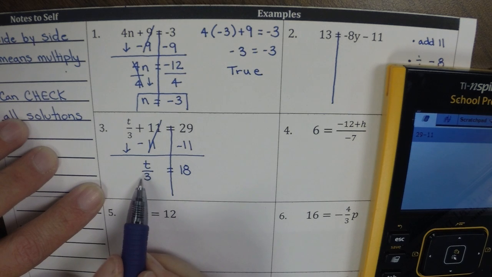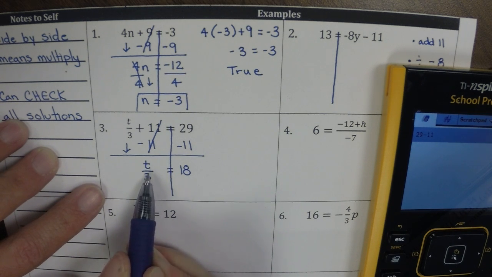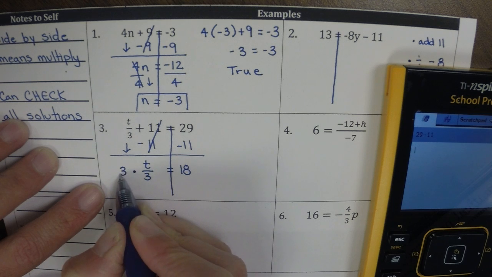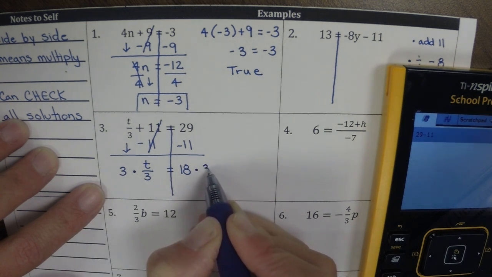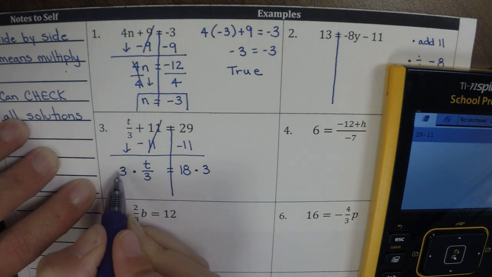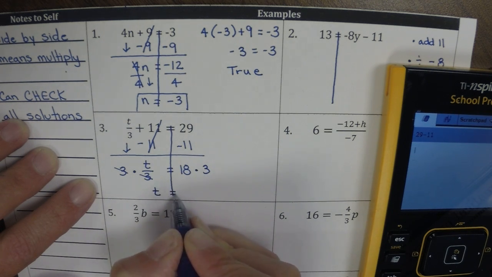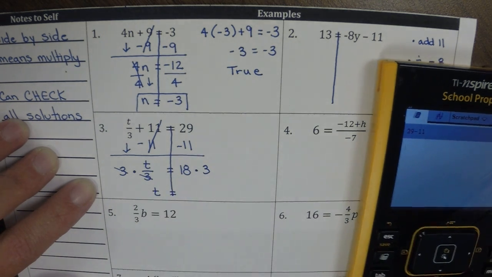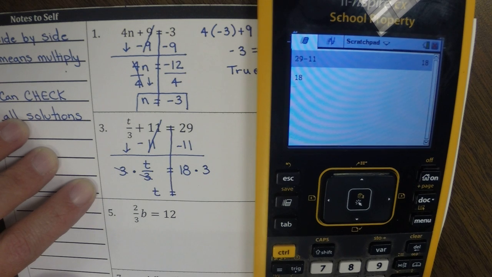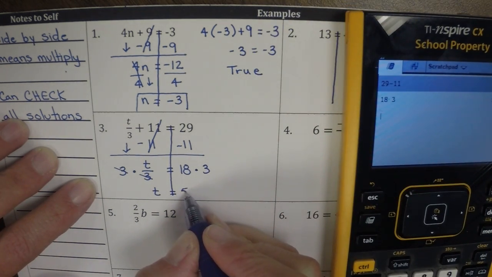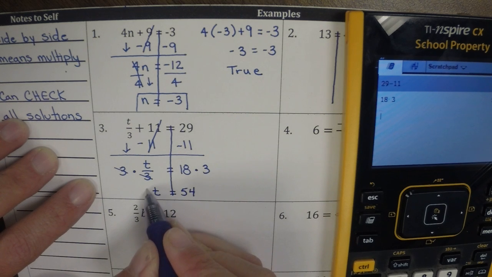And then the opposite here, this is t divided by 3, so my inverse operation is going to be to multiply by 3. So then these two would cancel. I bring my t down, and then 18 times 3, again, you could put that in your calculator if you needed to, should come out to be 54. So I would say 54 is my solution.